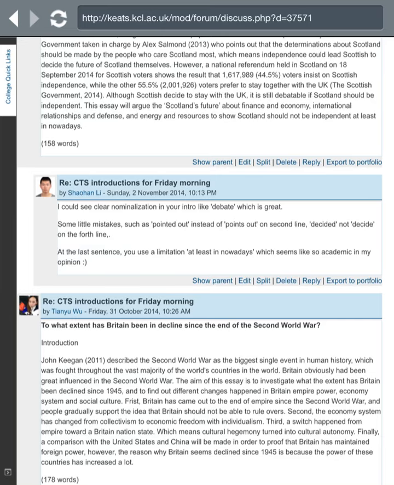Okay, good points. Okay, limitations are good, although "in nowadays" is not the correct way to say it. It might be better to say to show that Scotland should not be independent for the time being.